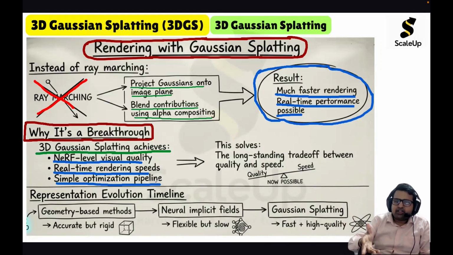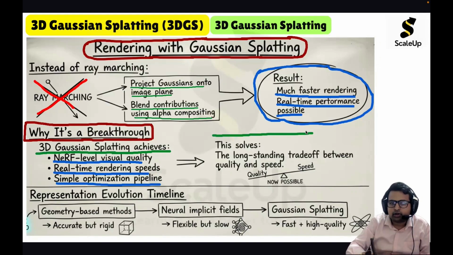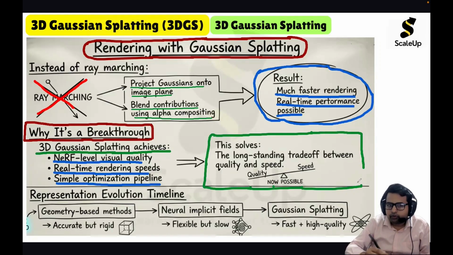So very little compute is needed. Real-time rendering is possible and we get very good visual quality. This is solving a very big problem, and hence it's a breakthrough. It is solving the long-standing trade-off between quality and speed. Now it is possible to have good visual quality along with good, real-time rendering speed.